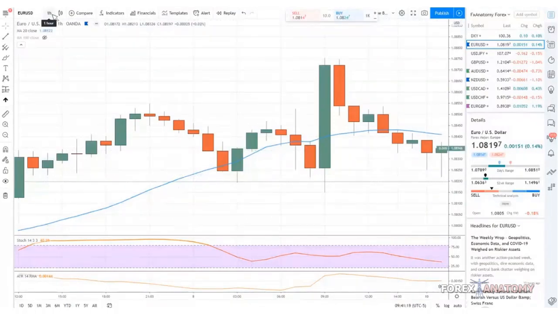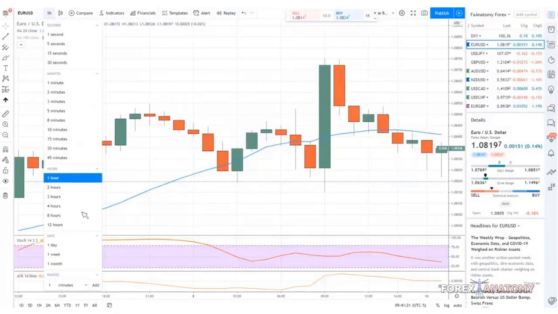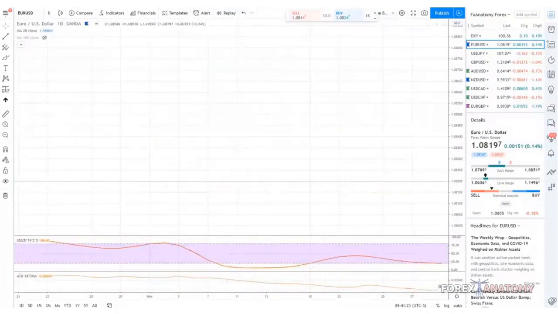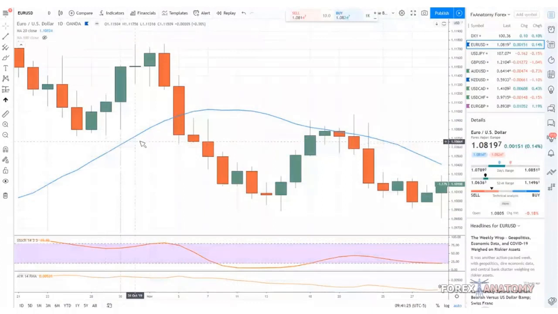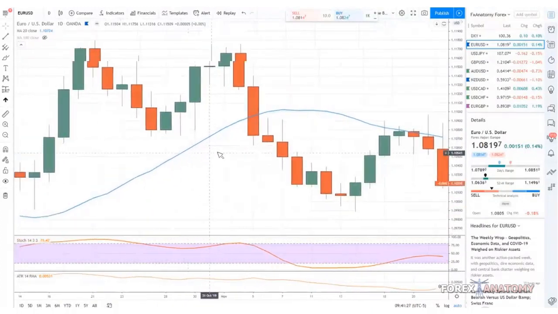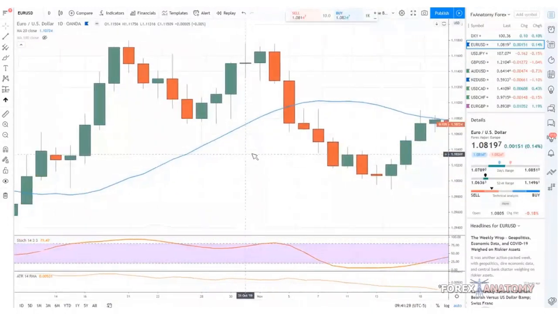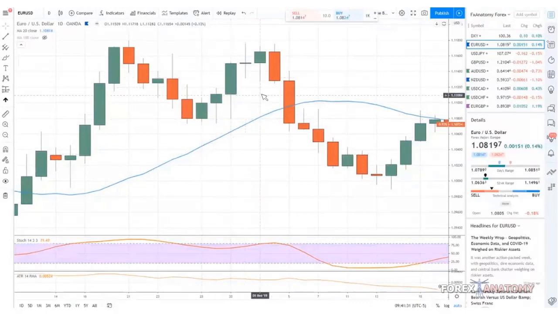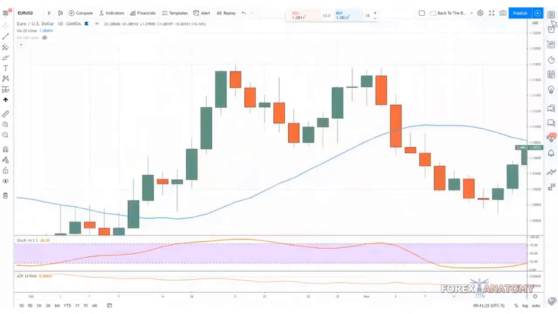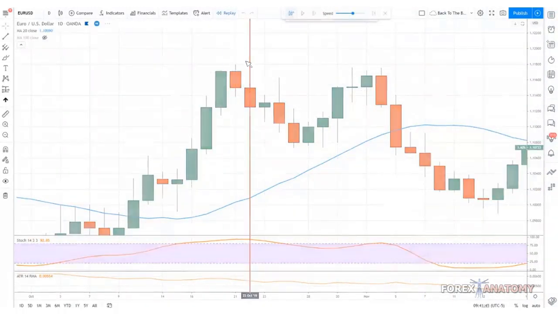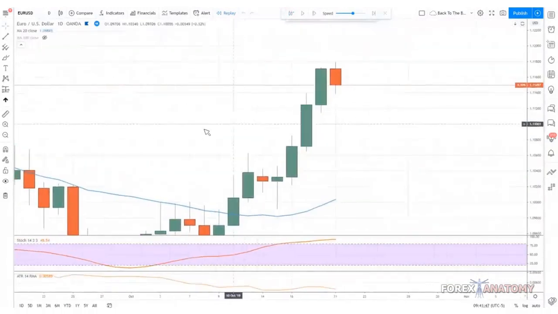Let me start with the daily. Okay, let's start with this candle right here. Let me remove this. Let me put this replay tool on and remove everything to the right.